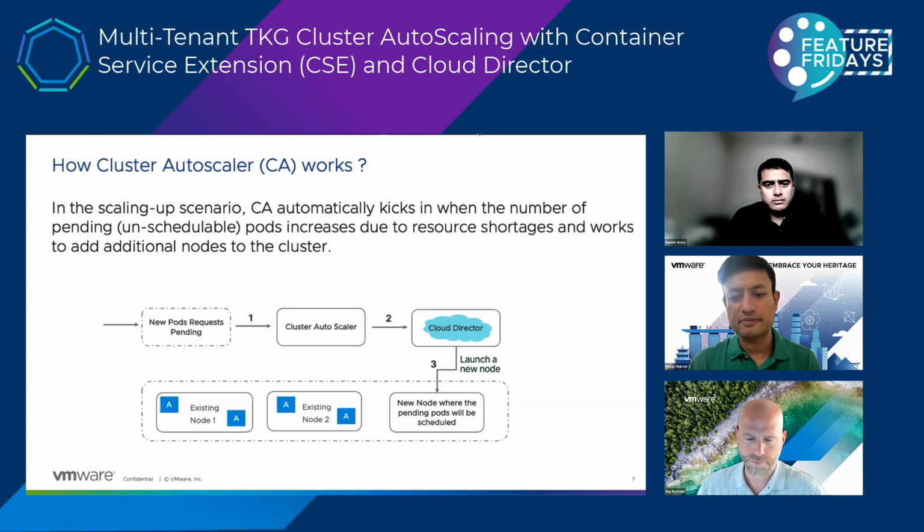As soon as the VM gets instantiated with adequate resources in terms of CPU and memory, the new Kubernetes node gets attached to that VM, and that gets reflected in the kube config, which means the new node is now in a ready state, and the pending pods can be scheduled onto the new node.